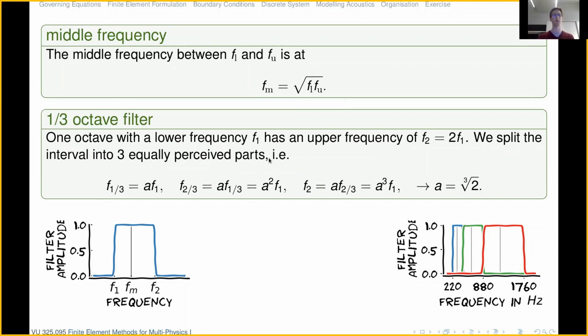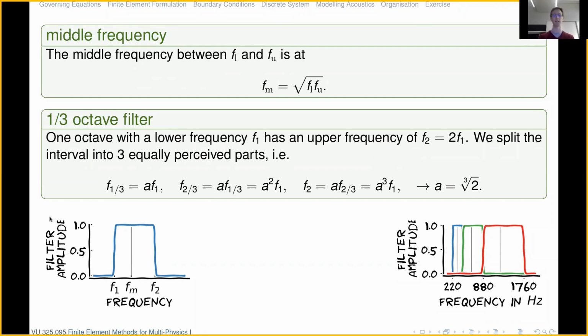And you can do the same if you split the frequency interval in 3 parts that are perceived equal. So if we want to split an octave in a 1/3 octave filter, we have to split the frequency interval into 3 equally perceived frequency differences.